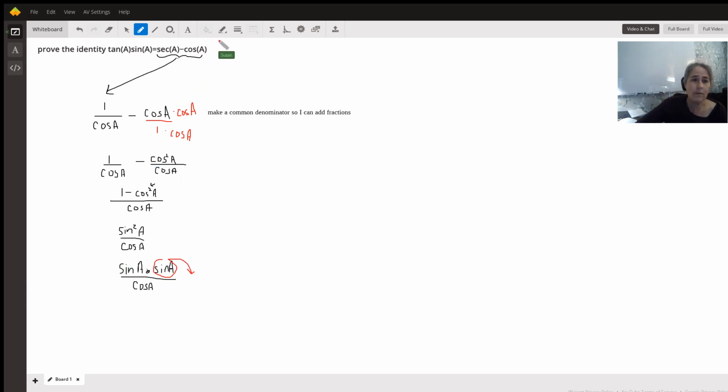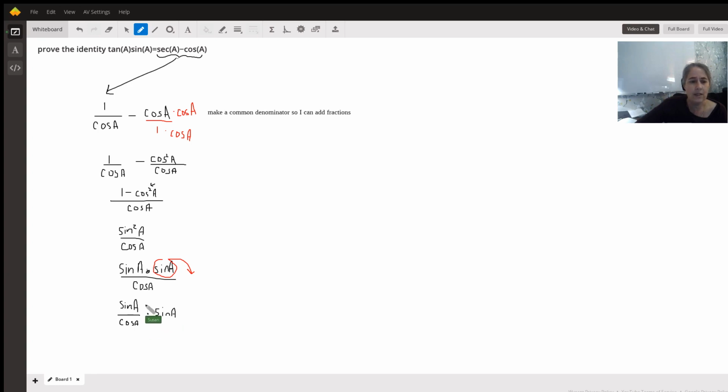So this problem is the same as sine A over cosine A. We're not doing a common denominator, and you're allowed to separate that multiplication. Anything that's multiplied on the top can just be shifted over to the side. You've done this in Algebra 2.